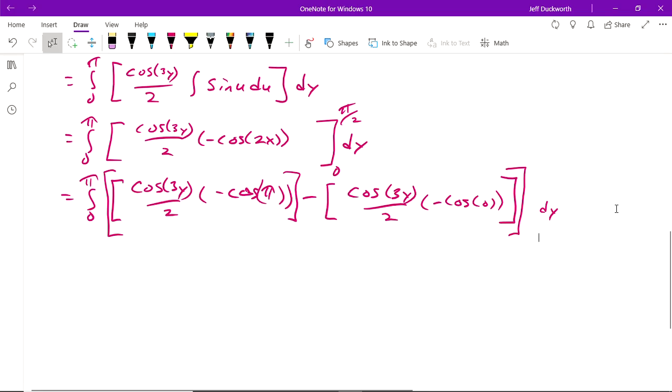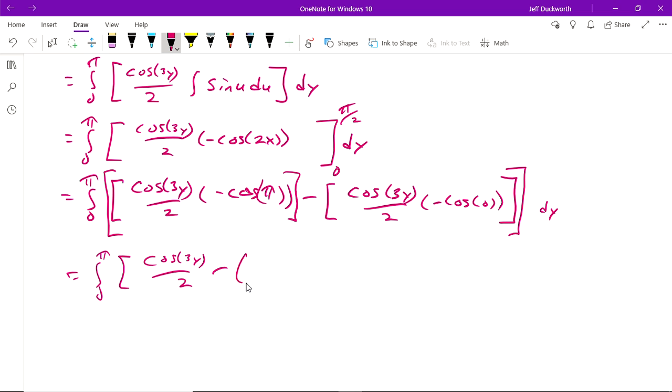Cosine of pi is going to be -1. So this is going to be -1 times -1, which is 1. So it's just cosine of 3y over 2. And cosine of 0 is 1. So this is going to be minus a negative cosine 3y over 2.